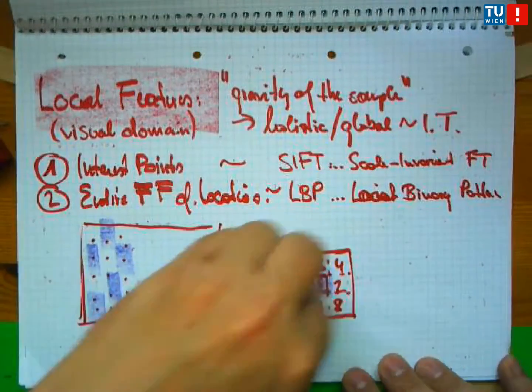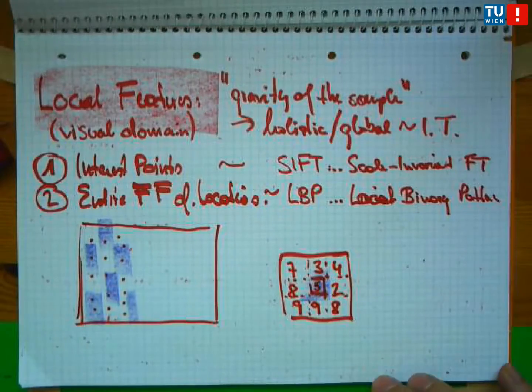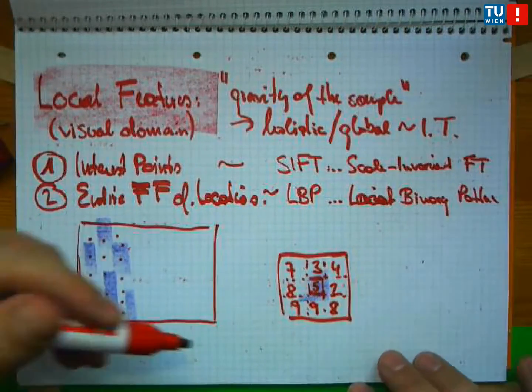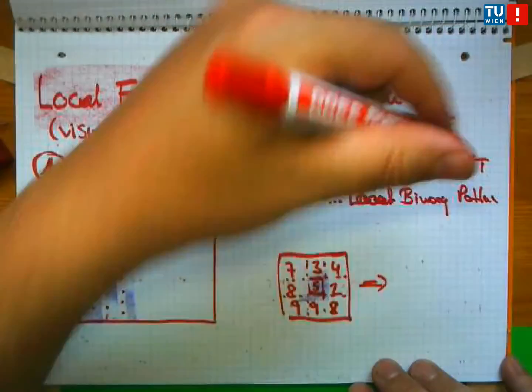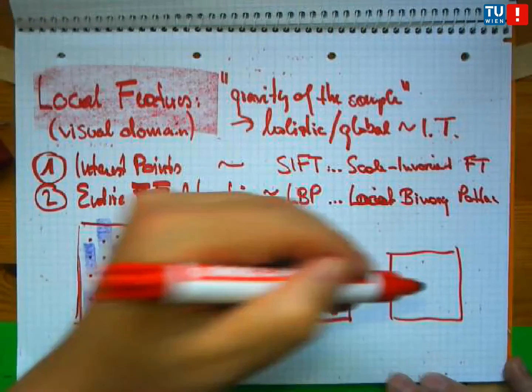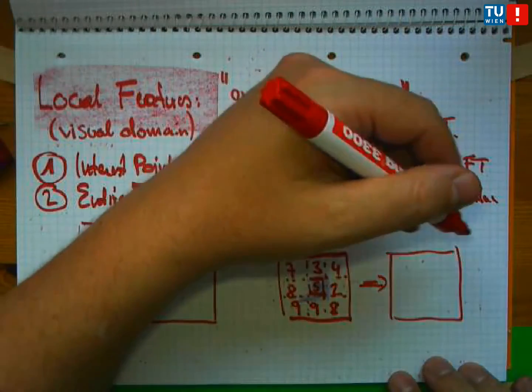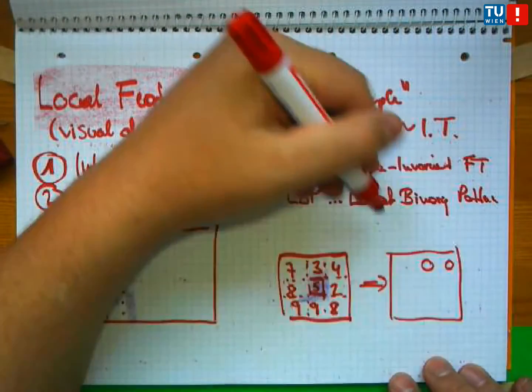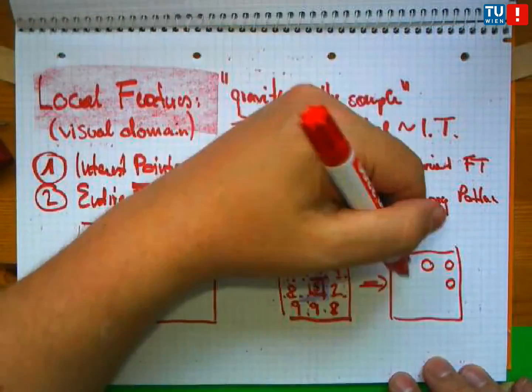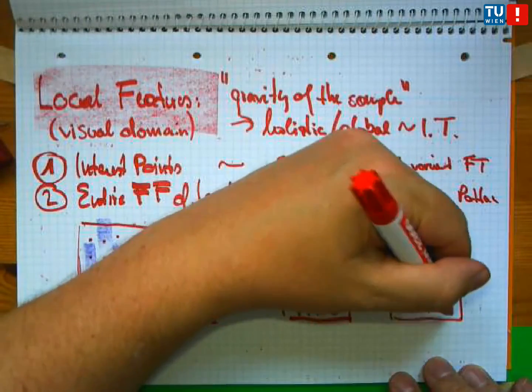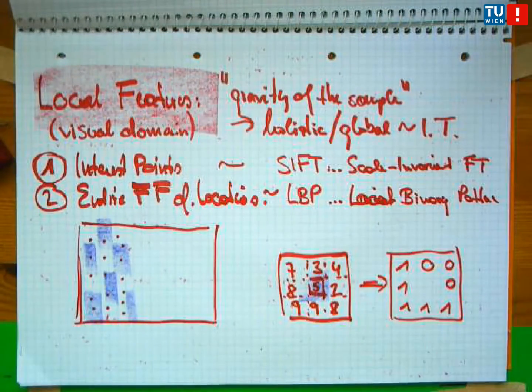So the center, though randomly picked, gets a higher semantic load. If these values are smaller, then we give them a 0, like 3, 4, 2 are smaller, all the others are bigger. And we end up with something like this.